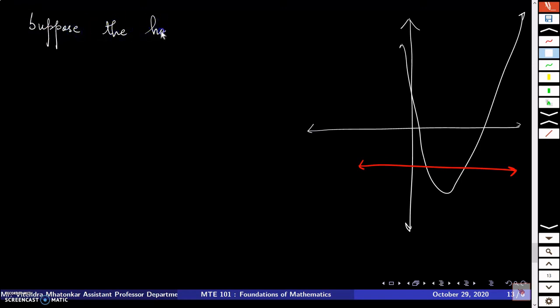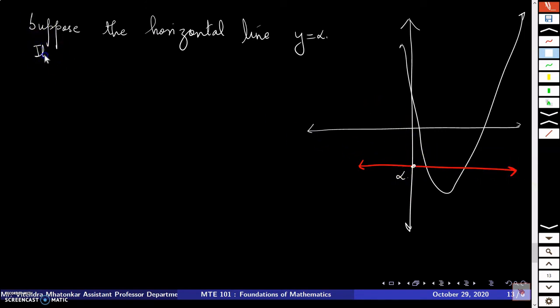So suppose the horizontal line, let's call it y equal to alpha. Okay, I'll call it alpha. It could be negative also. So here is the point alpha, and that is the line in red which I have drawn, y equal to alpha.